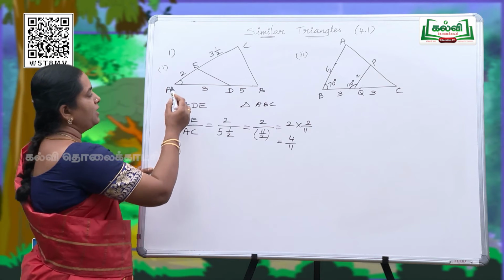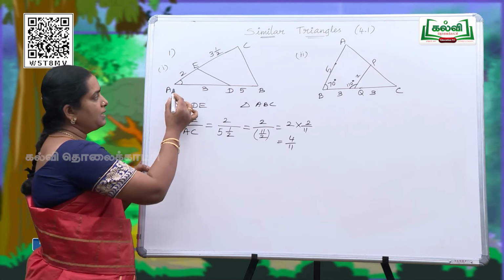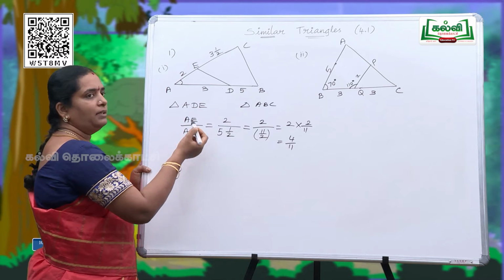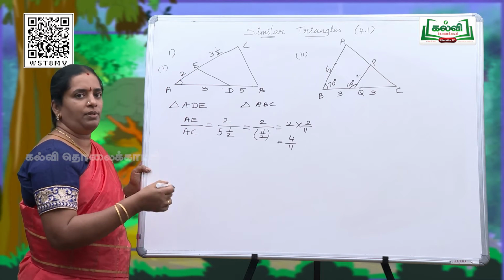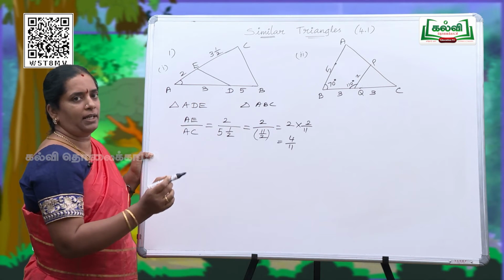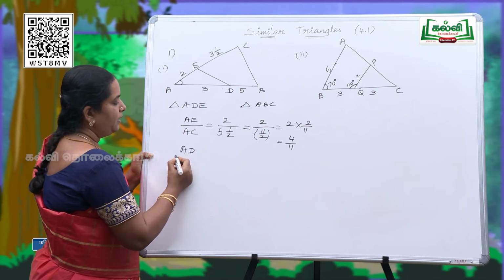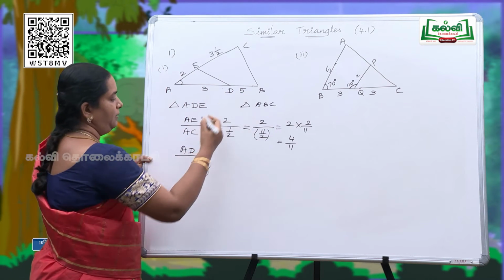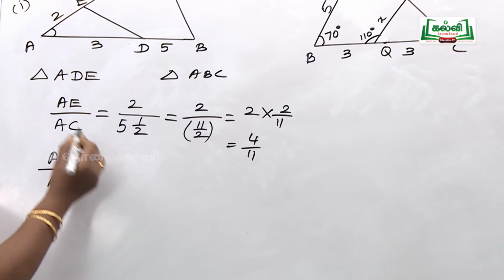Let us check the ratio of the other pair of sides. If we take the smaller side in the numerator for the first ratio, for the second ratio also we have to take the smaller side in the numerator. So the side of the smaller triangle is AD, and the side of the larger triangle here is AB. So what is AD?